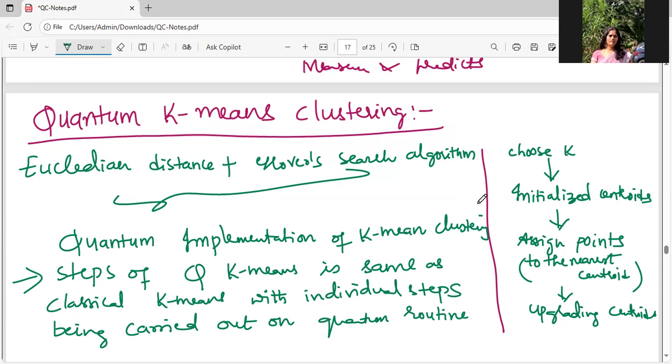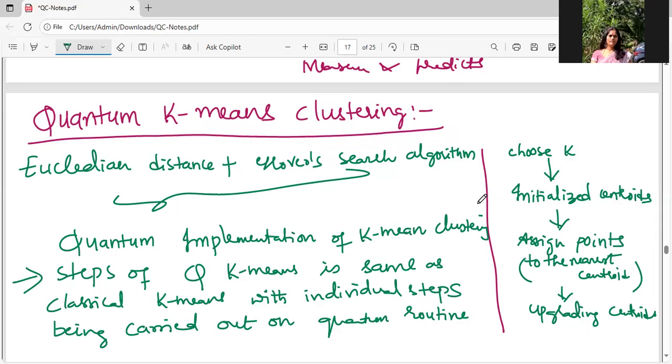Those who have seen my video on quantum linear regression, it is similar to linear regression only. Two major changes will be there. First, the normal data that is given is converted to quantum states, and remaining things are almost similar. A system of equations is formulated. After that, to find the unknown, the HHL algorithm, which is again a tool in quantum, is used to assess the value of theta.